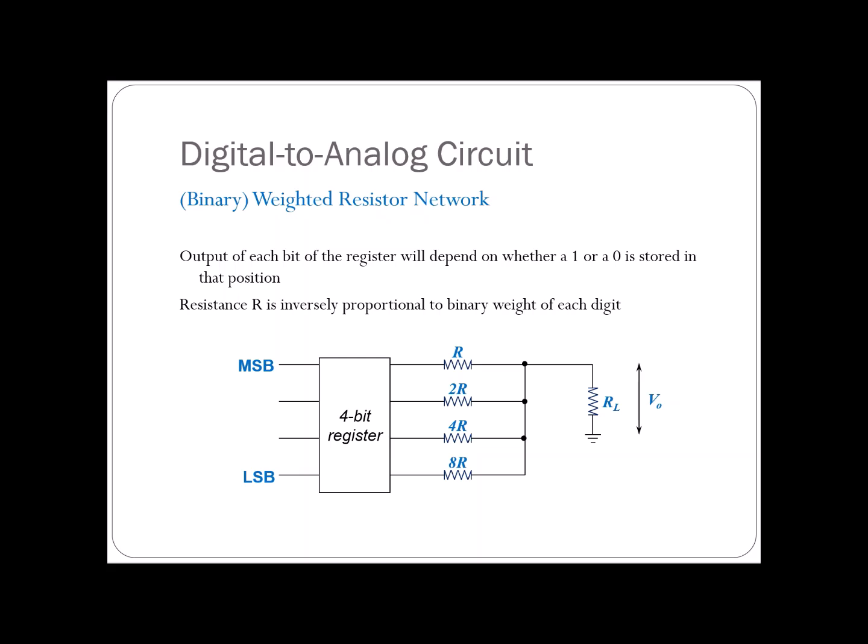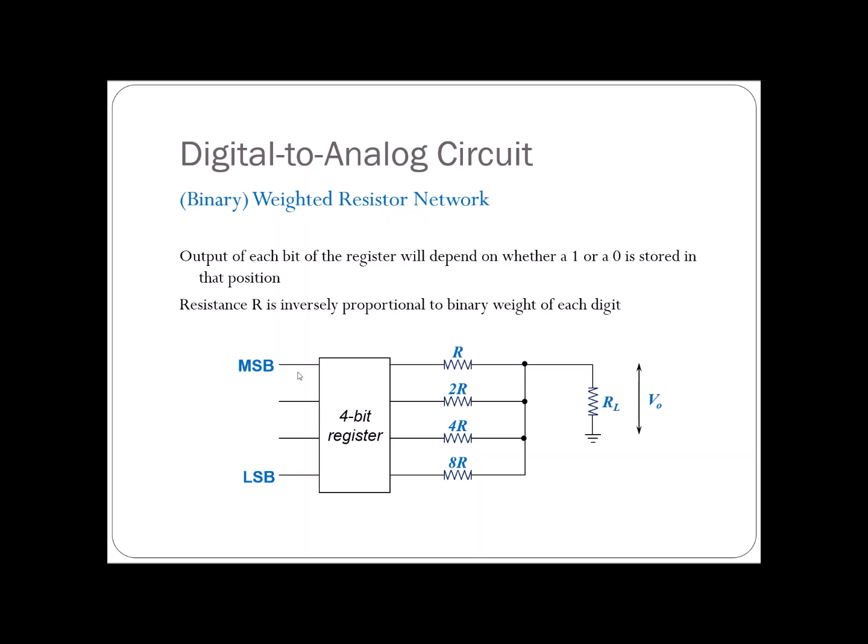This is one example of a D2A circuit, which is called a weighted resistor network. How does this circuit work? It's pretty straightforward actually. We connect all of the bits of our digital signal.